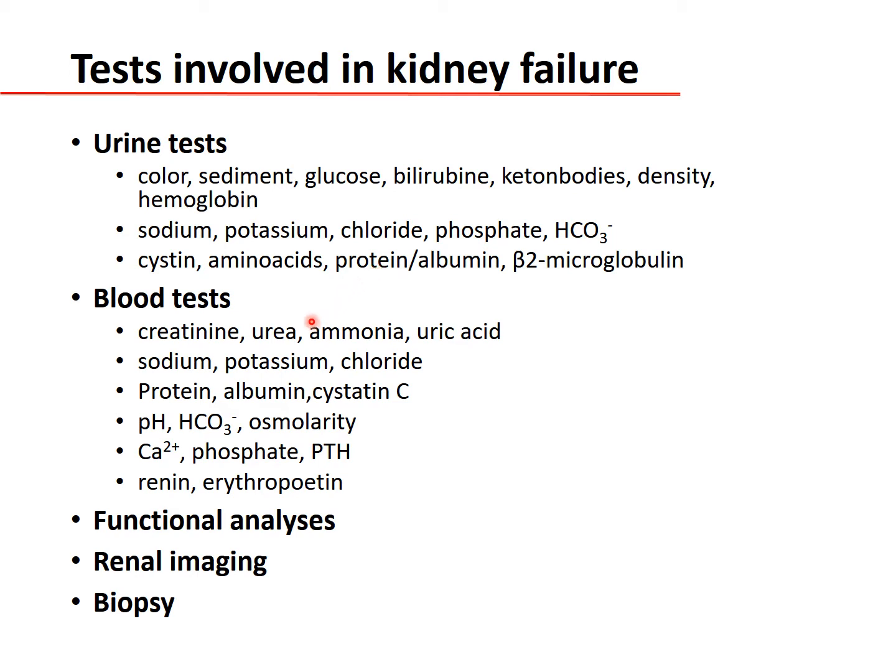While in the blood, we can measure the creatinine, urea, ammonium, uric acid, sodium, potassium, chloride, protein, albumin, cystatin C, pH, and so on, and some hormones as well. Also, we can do some functional analysis, imaging techniques, and take biopsies.